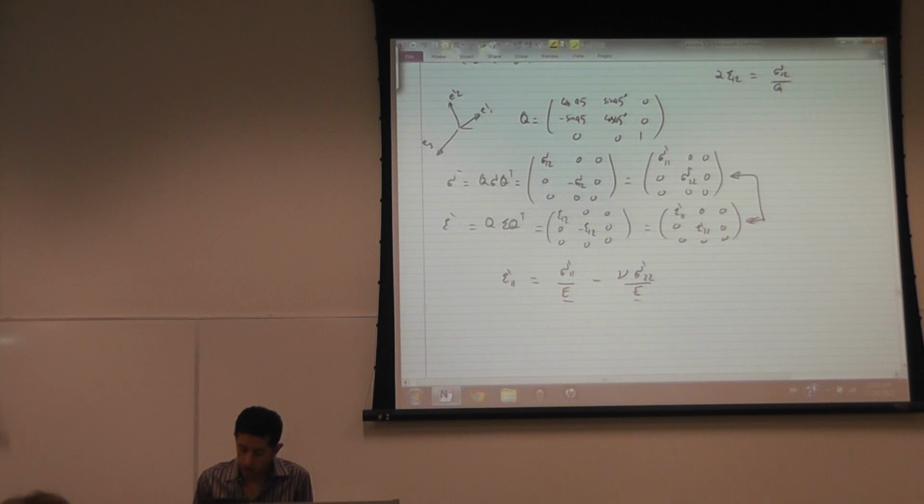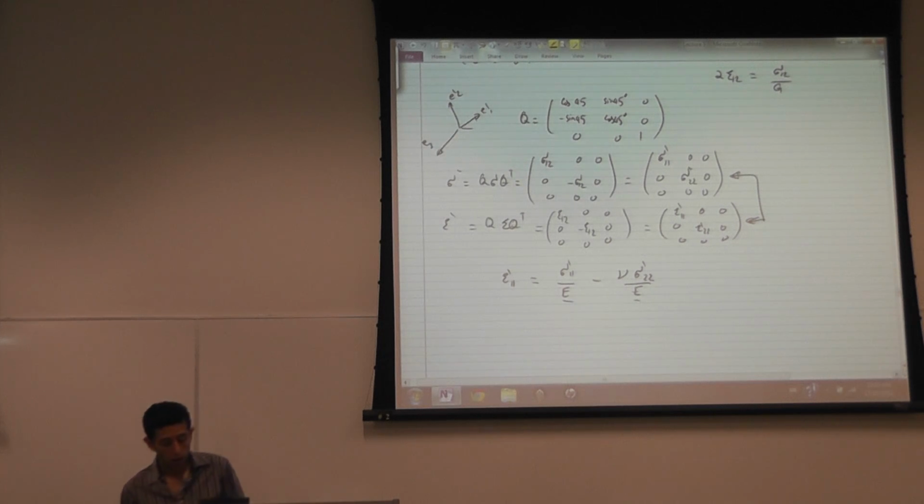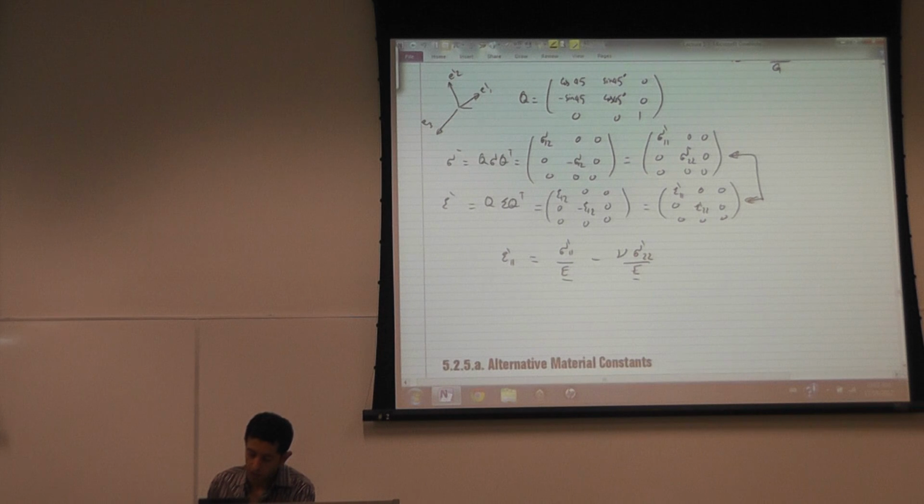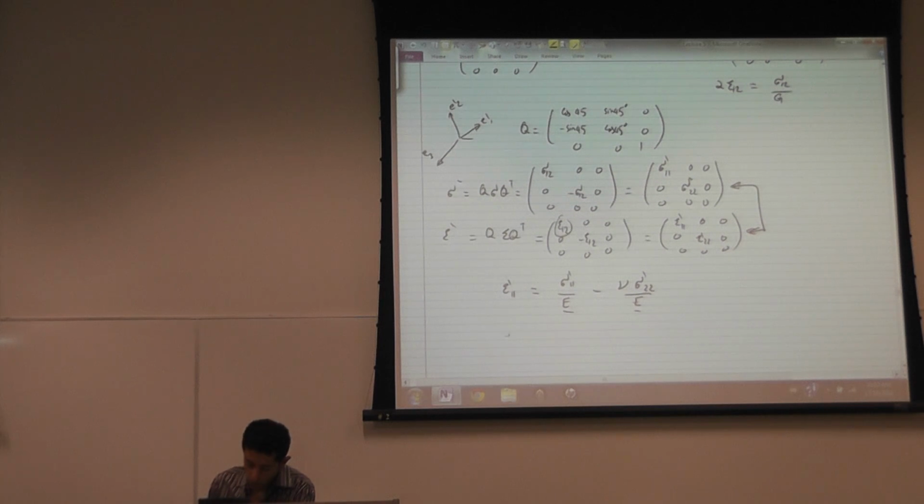So I'm using the same numbers, E and Poisson's ratio, because they're independent of the coordinate system. And now I can replace epsilon prime with epsilon on 2, which is equal to sigma on 2 over 2G.